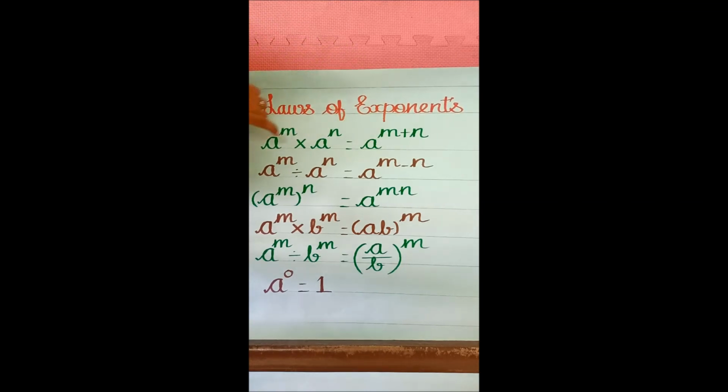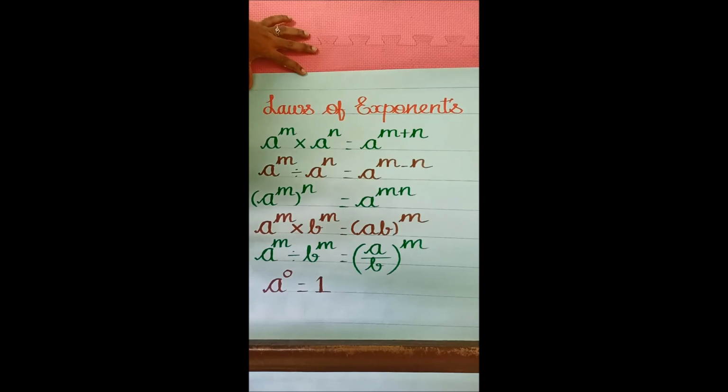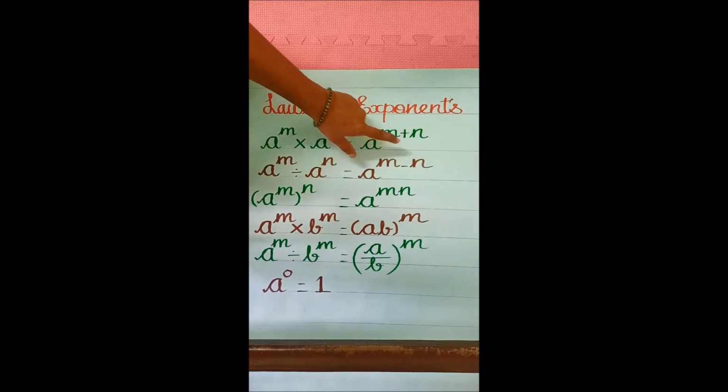The second law, a power m divided by a power n, is equal to a power m minus n. Both the bases are the same and the operation is division, so you have to subtract the powers. M and n are the powers.